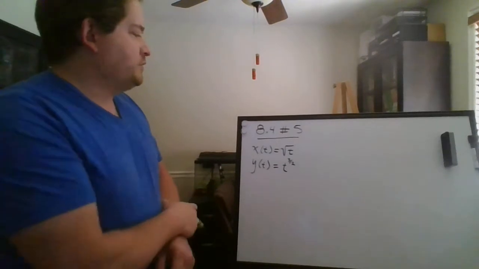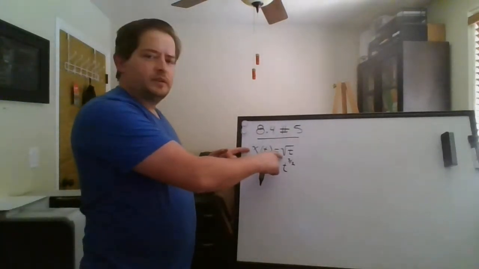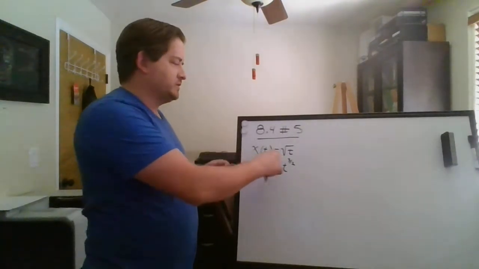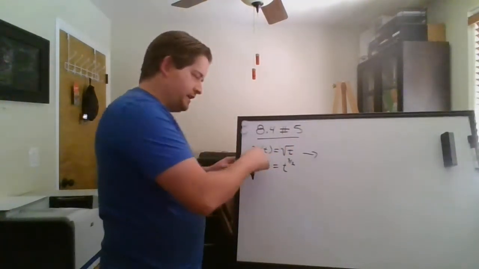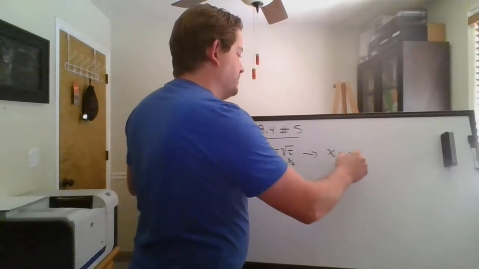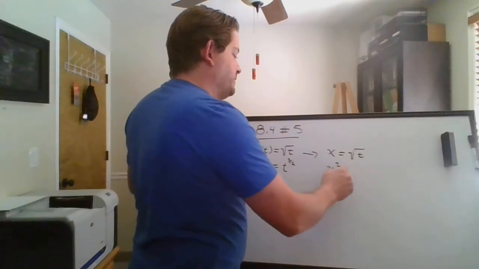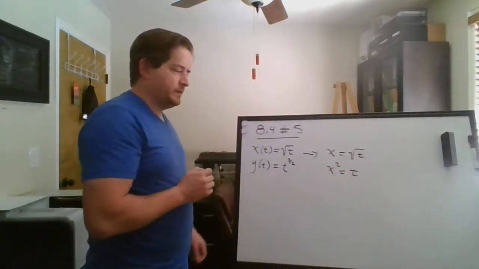Again, it's hard to solve for t here, right? I can say x equals the square root of t, and if I square both sides, I get x squared is equal to t.